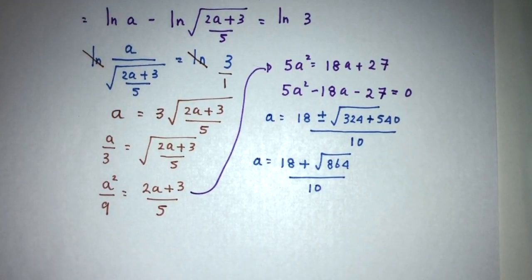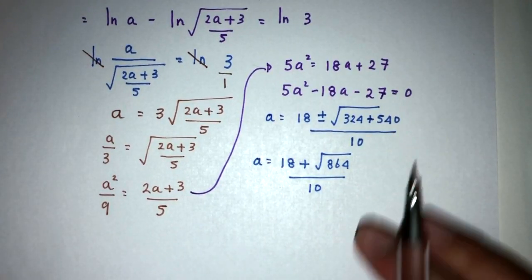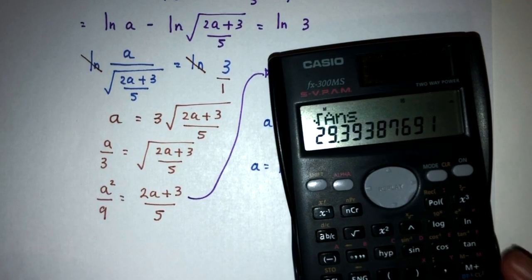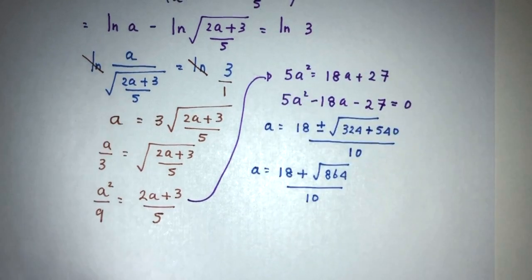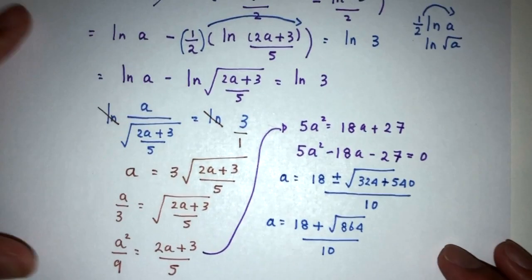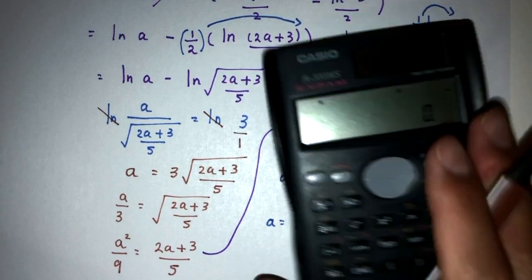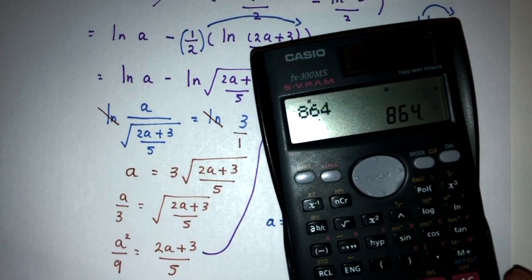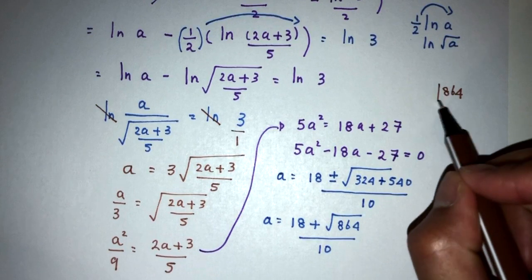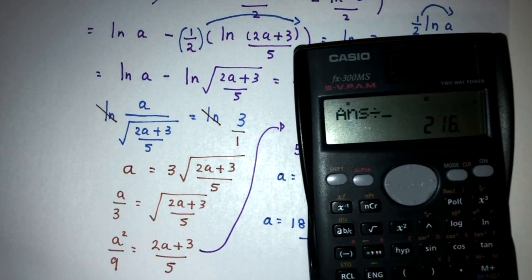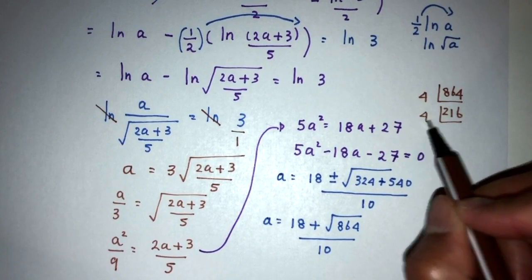Okay, so now we have to try to simplify this as simple as possible. So what is this? That will be not exact. So let's try to see what are the factors of 864. So let's try. 864 we can first divide by what? Divide by 4. So divide by 4. You have 216. Divide by 4 again. You have 54.